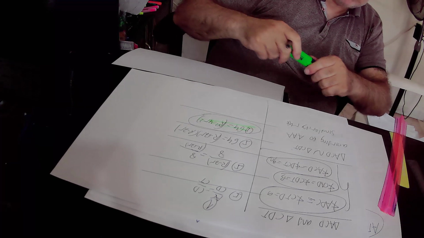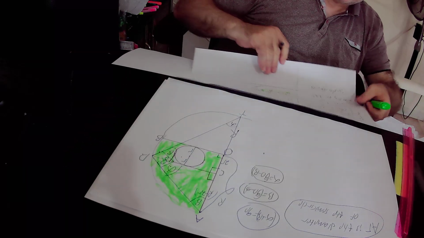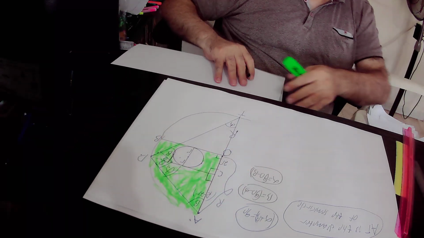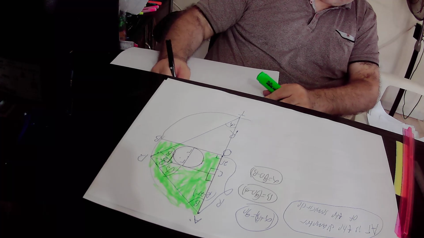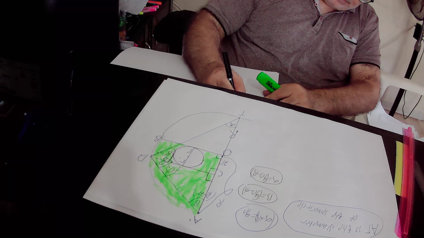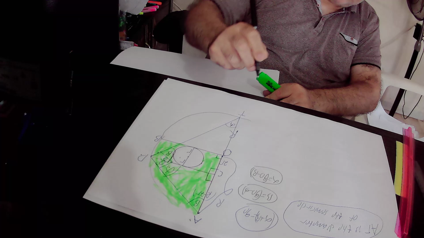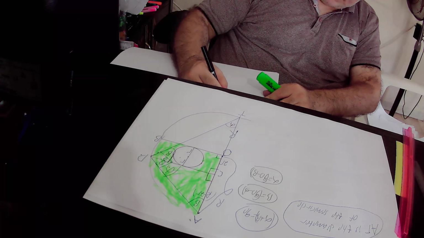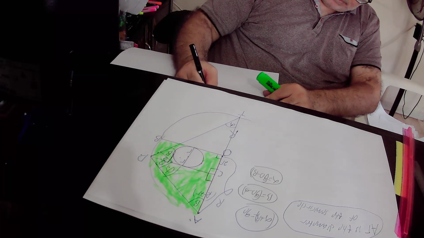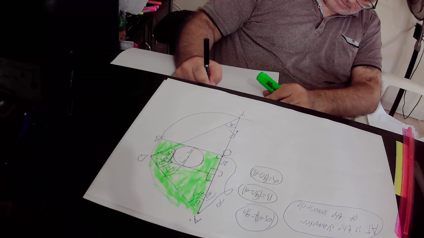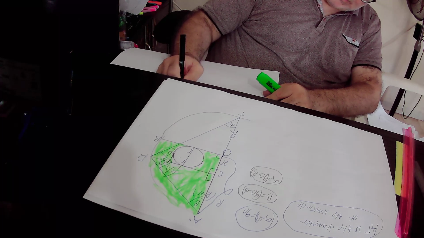What is the area of the green shape? The area of the green shape equals the area of the quarter circle minus the area of the small circle.